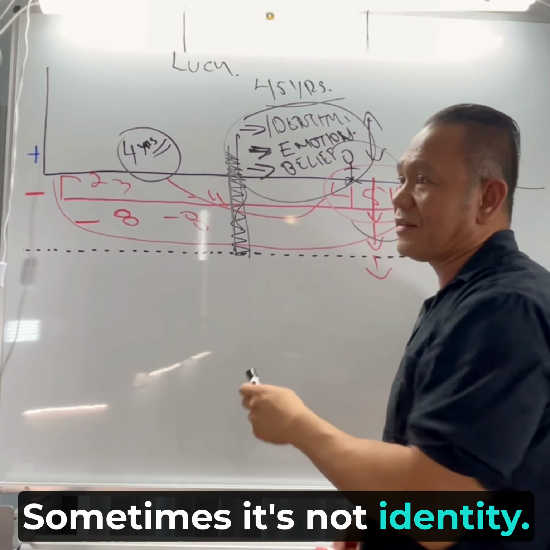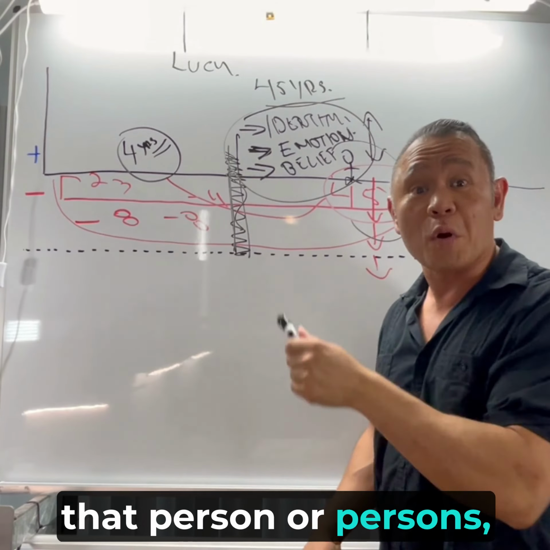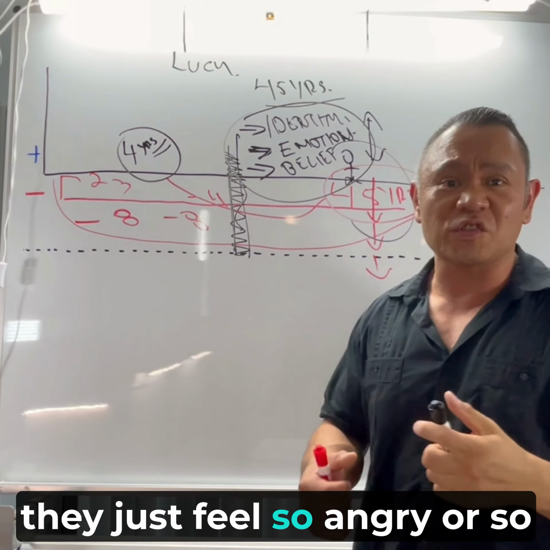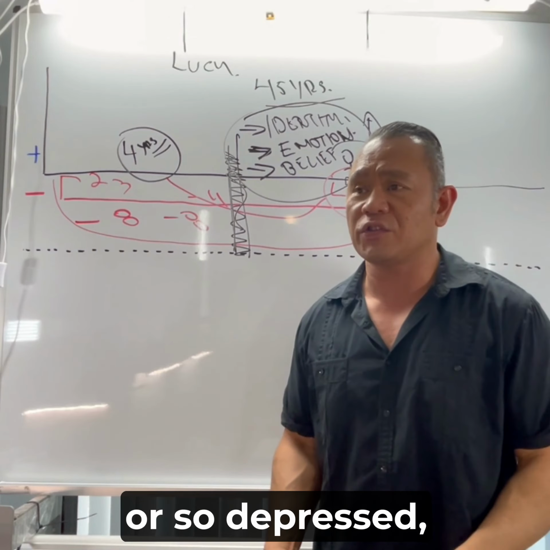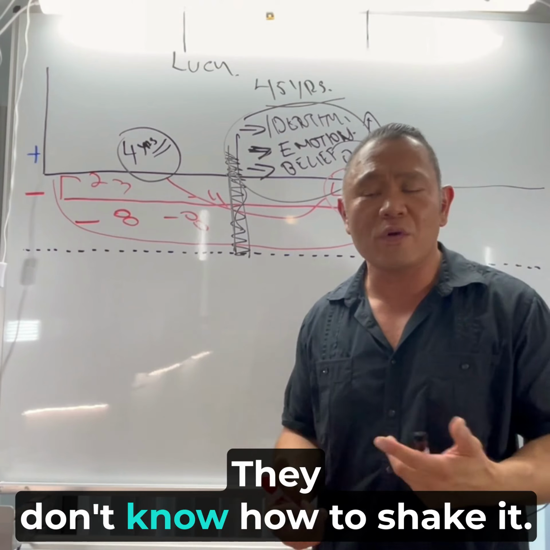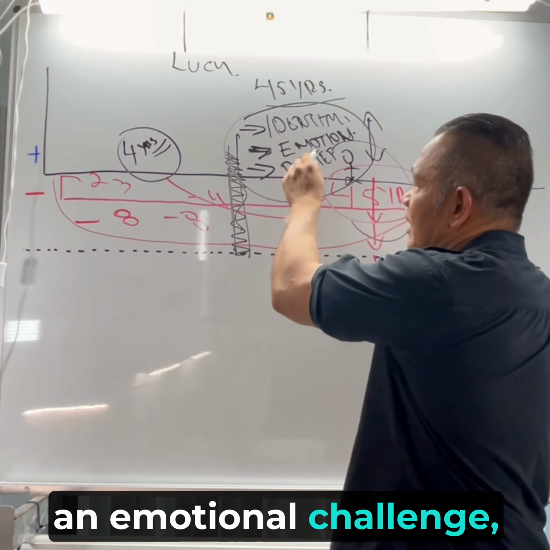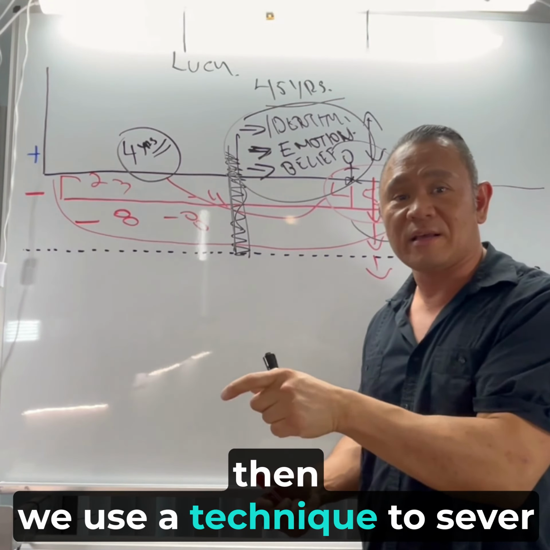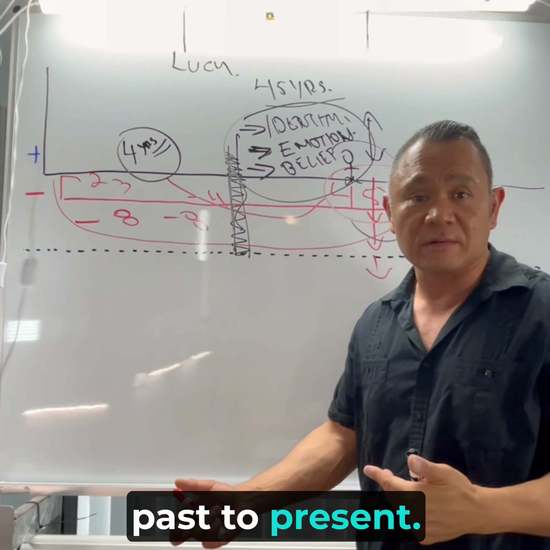Sometimes it's not identity. Sometimes they know that they're not a victim, but every time they think about that person or persons, they just feel so angry or so sad or so guilty or so depressed, or they get this massive amount of anxiety. They don't know how to shake it. Well, if we figure out that it's an emotional challenge, then we use a technique to sever that negative emotion from past to present.